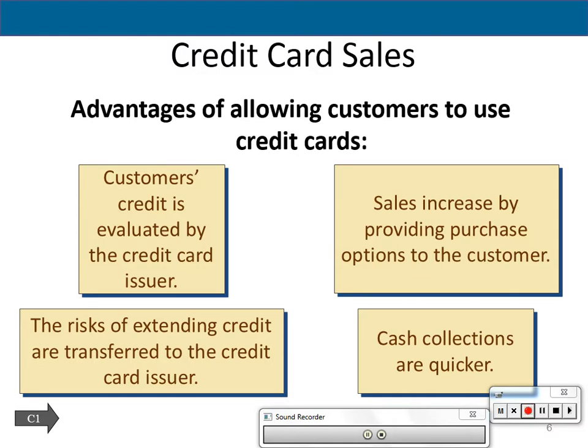So it says customers' credit is evaluated by the credit card issuer. The risk of extending credit is transferred to the credit card issuer, meaning if I'm a company and I had $500 in credit card sales and you as the credit card issuer said, I'll give you the $500 up front, that's taking a risk, right? Because what could happen in the meantime?